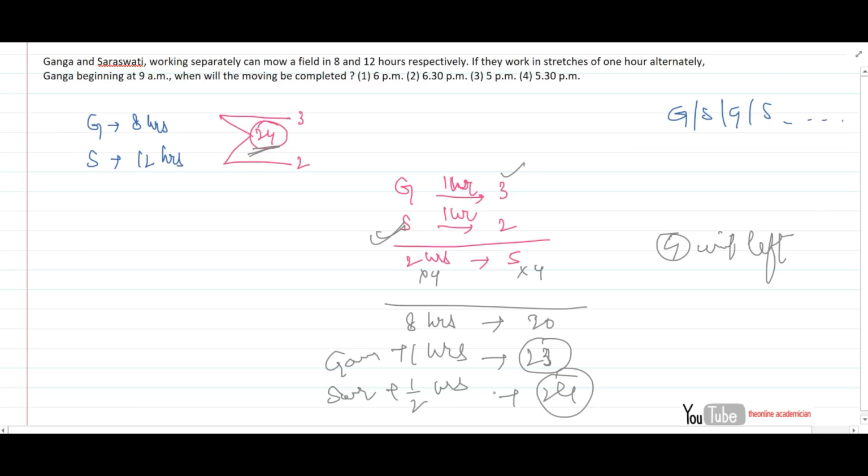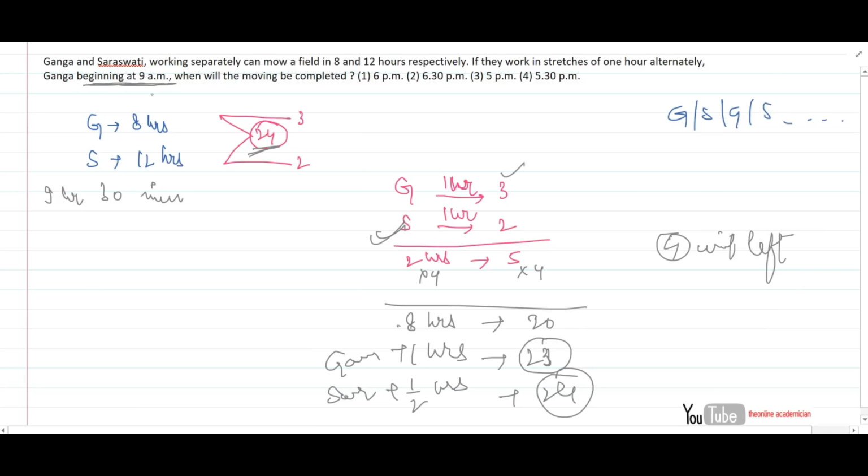So how much total time? The total time they took is 8 plus 1, 9, plus half. So 9 hours 30 minutes they took to complete the work. And we know Ganga began at 9 am.